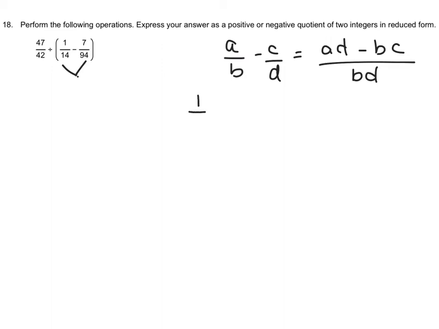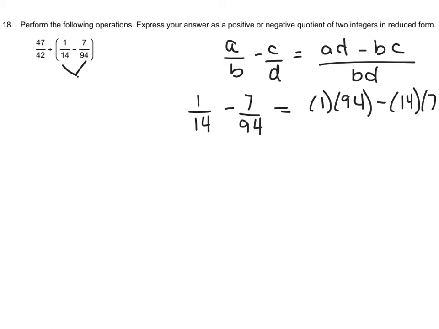So here I have 1/14 minus 7/94. And this becomes 1 times 94 minus 14 times 7 all over 14 times 94. 1 times 94 is 94, and then 14 times 7 is 98.